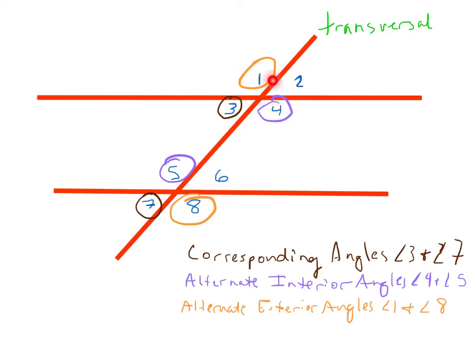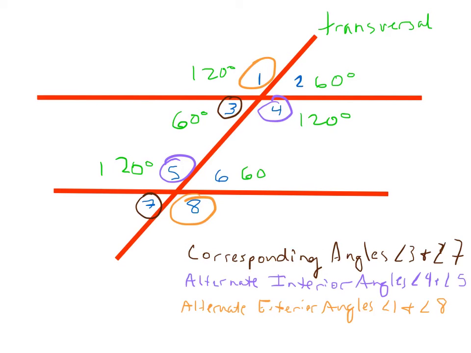Again, we know 1 and 2 are adjacent. They equal 180 degrees, so they're supplementary angles. Here we've got some vertical or opposite angles. They would have the exact same angle measure. So in this case too, if we were to say this angle over here is 60 degrees, then we know this is 120, this is 60, this is 120. 4 and 5 are alternate, so that means they're equal.